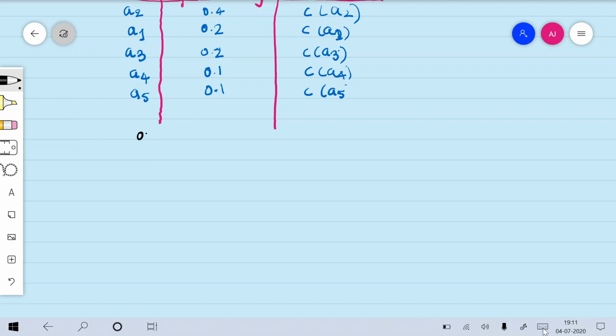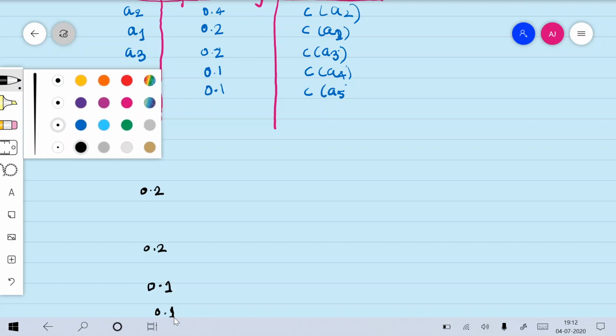I will write 0.4, leave some space, and then write 0.2, 0.2, 0.1 and 0.1 again.